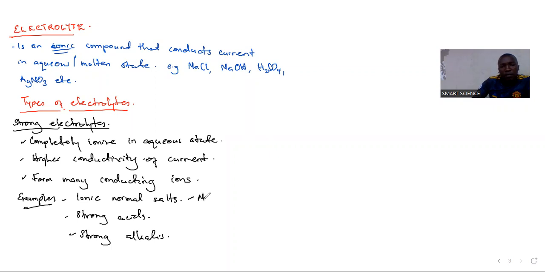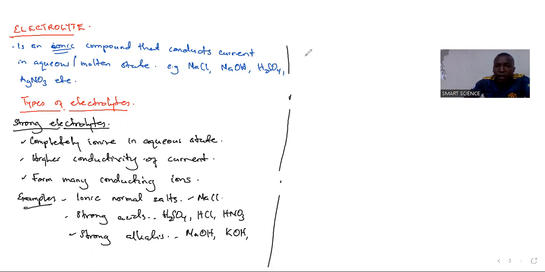Normal ionic salts like sodium chloride, strong dilute acids like sulfuric acid, HCl, nitric acid, and strong alkalis like sodium hydroxide, potassium hydroxide, among others.